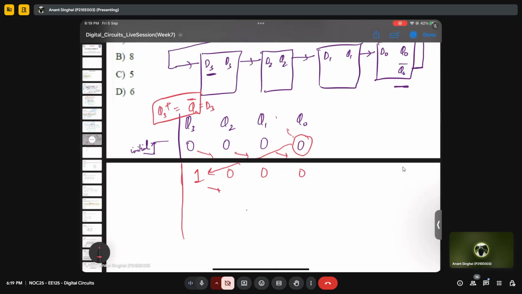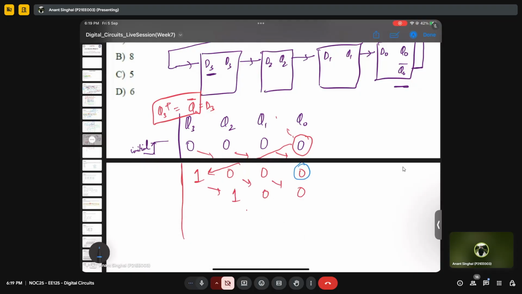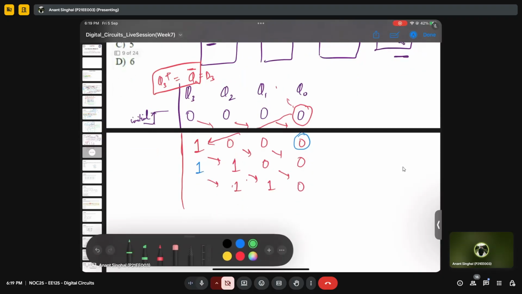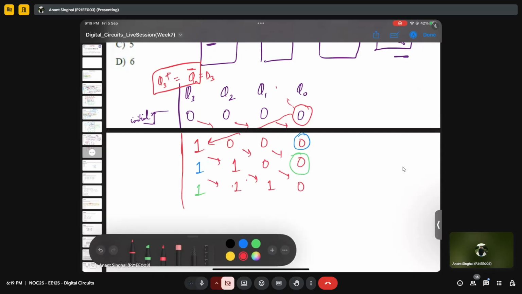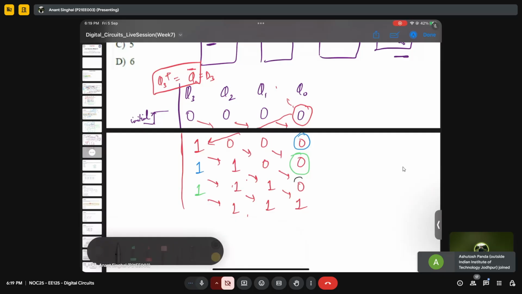Now at the second clock, what will happen? This will be 1, this will be 0, this will be 0. Now the complement of this is 1. Again it will move, 1, 1, 0, and the complement of this will be 1. Again this 1, 1, 1 will move here, and the complement of this will be 1.